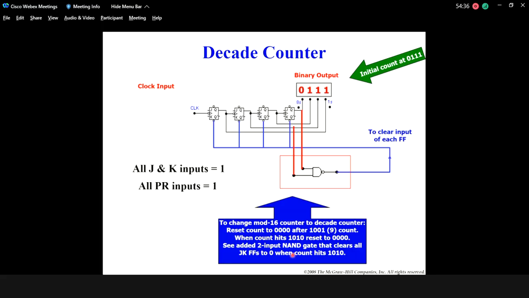when state 1010 is high, it goes here to the NAND gate, high and NAND gate become low. So when low goes to the clear pin, what happens when it goes to the clear pin?